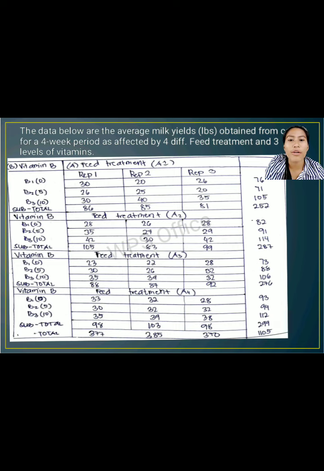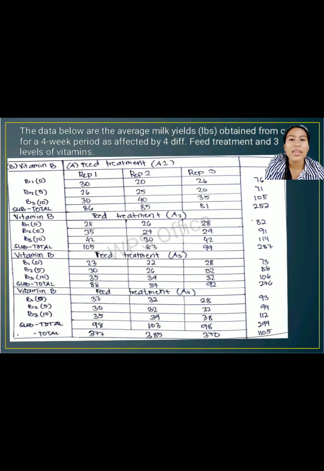Next, the last feed treatment, A sub 4. Vitamin B sub 1 treatment is 33 plus 32 plus 28, for a total of 93. Then, B sub 2 treatment is 30 plus 32 plus 32 equals 94. And B sub 3 treatment is 35 plus 39 plus 38 equals 112.